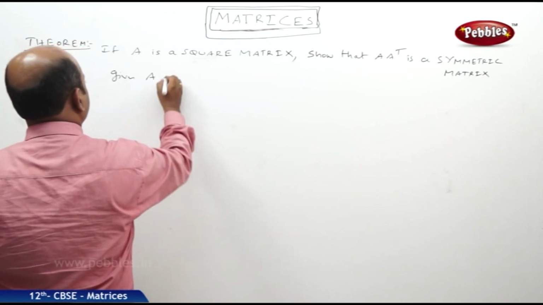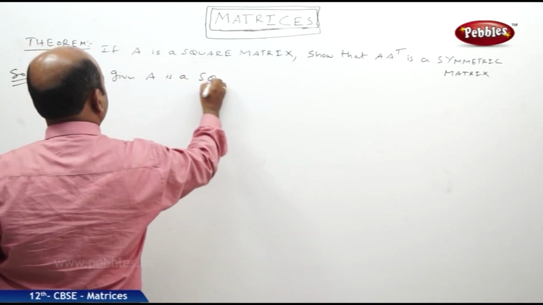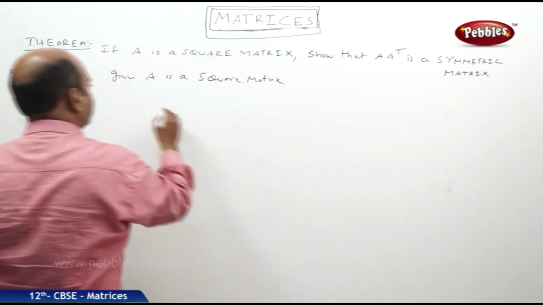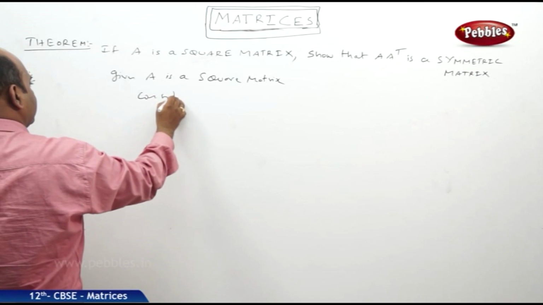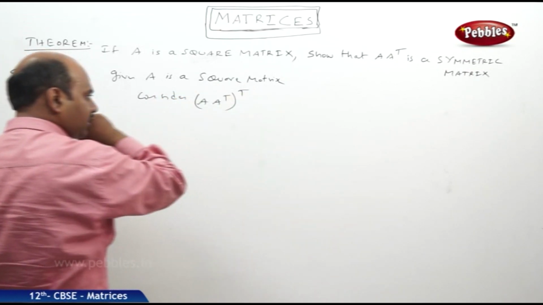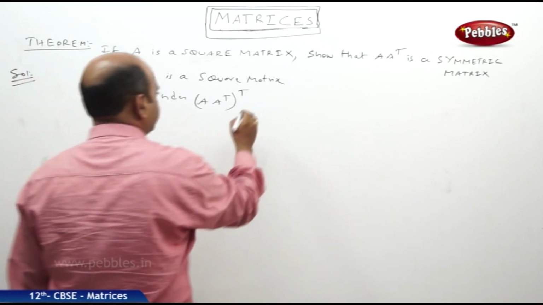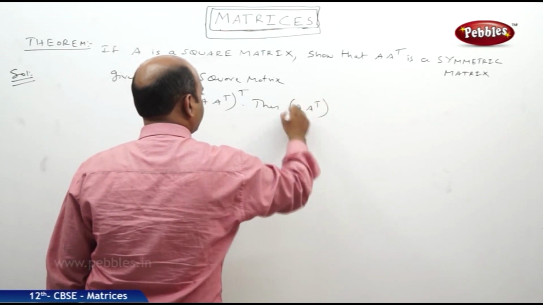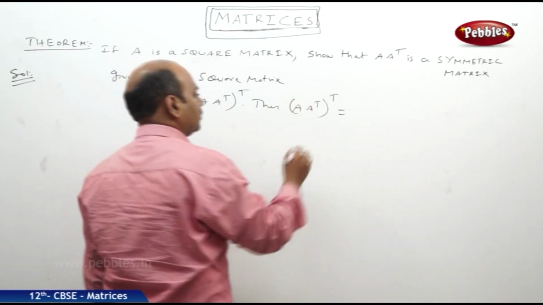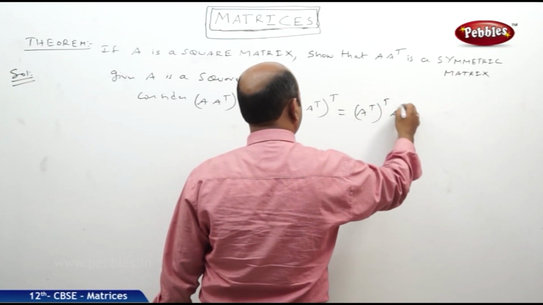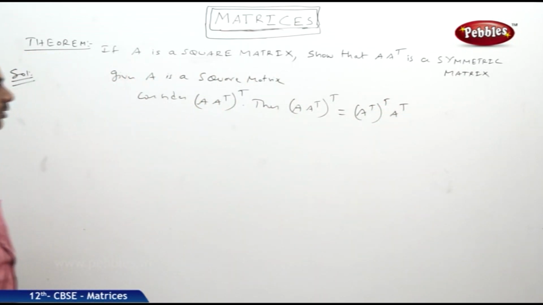So given A is a square matrix, later what I will be doing, consider A into A transpose whole transpose. So then what happens, A into A transpose whole transpose is equal to A transpose whole transpose into A transpose.